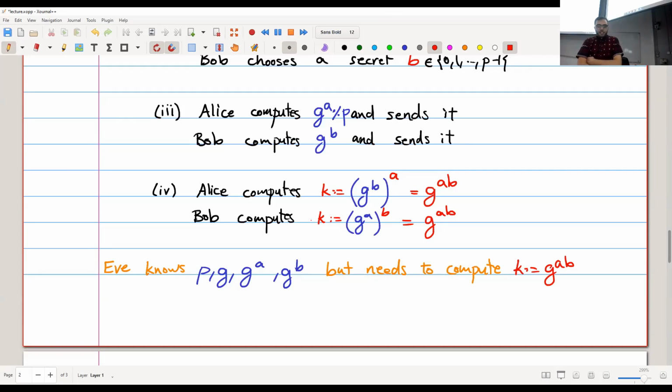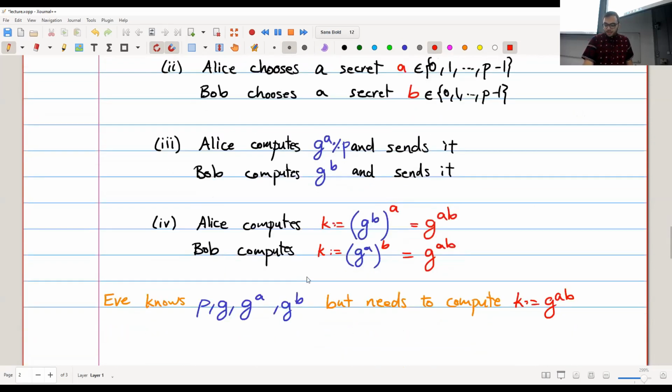If you could maybe obtain A from G to the power of A, if you could somehow compute what we call a discrete logarithm, then you could do this, right? But actually, discrete logarithms are one of the unsolved problems in computer science, so no one knows how to do it. And also, generally, no one knows how to compute G to the power of AB given this information.